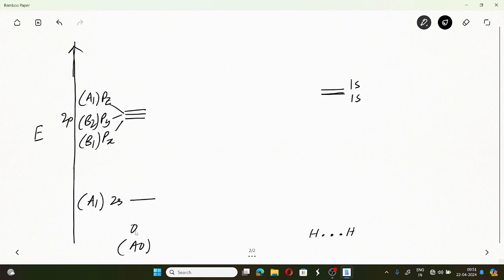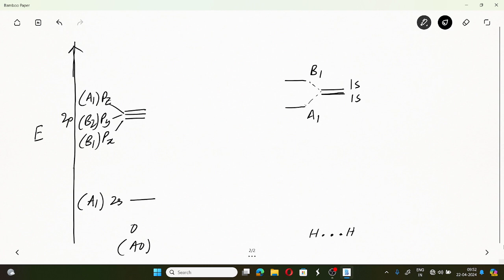Since the electronegativity of oxygen is very high, the effective nuclear charge is very high, and the energy of 2p becomes lesser than that of 1s of hydrogen. These 1s orbitals, as we have mentioned, will combine in phase and out of phase. When they combine in phase, we have named this orbital A1, and when it has combined out of phase, this is B1.